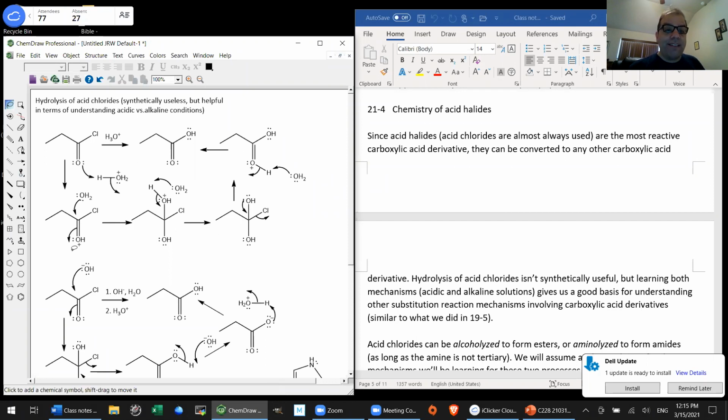Good, so we'll get to how the mechanism looks under alkaline conditions in just a moment, but I want to make sure first that there are no questions on that mechanism here, everything kind of making sense.